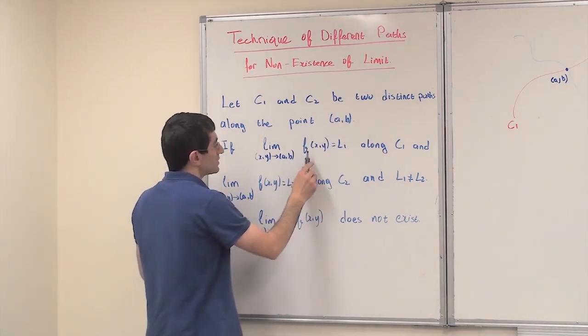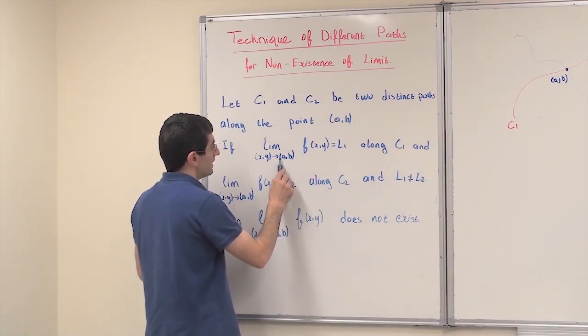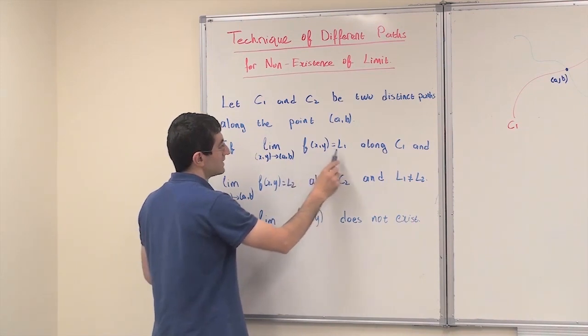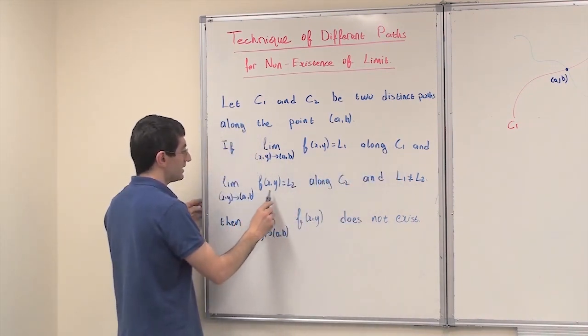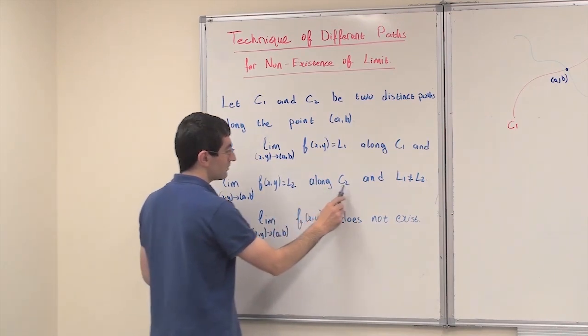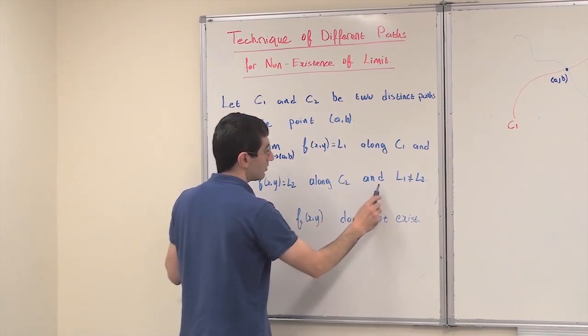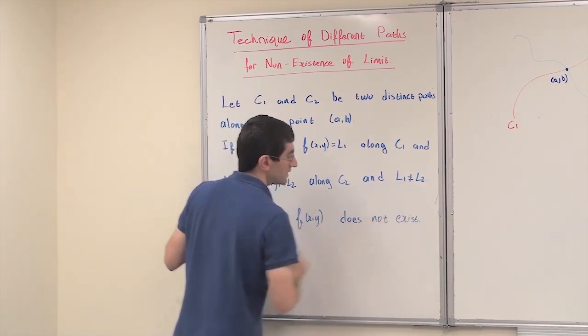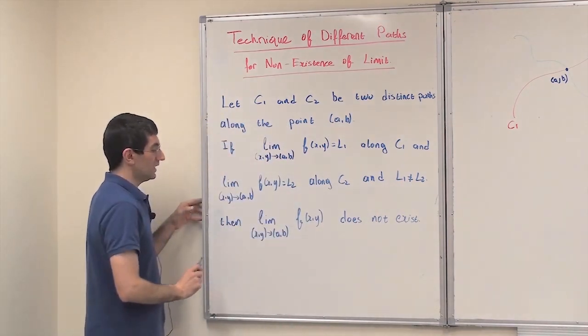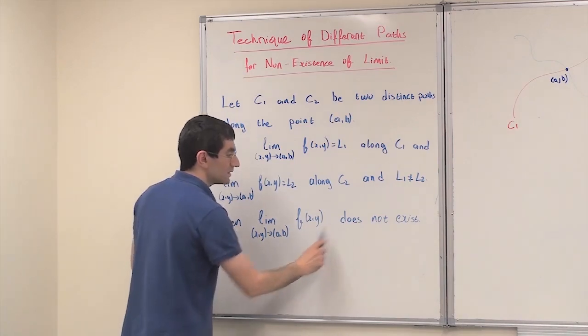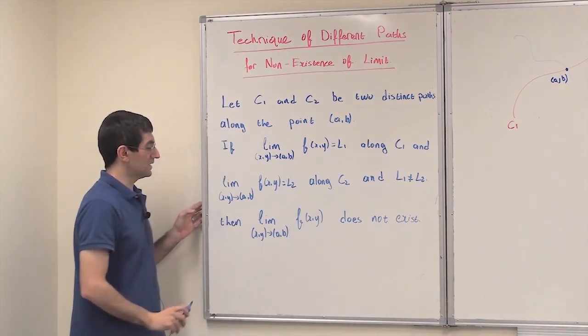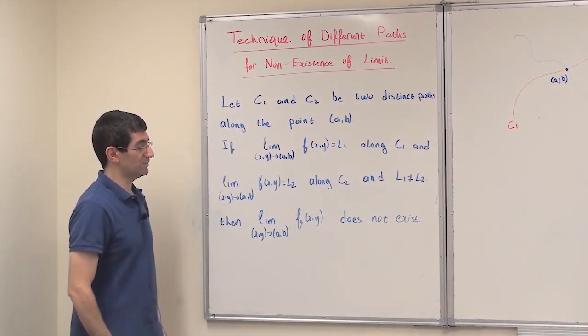Now, we assume that our function as x y approaches (a, b) has limit L1 along the path C1 and has limit L2 along the path C2. And also L1 is different than L2. Then we say that our function does not have a limit as x y approaches (a, b).